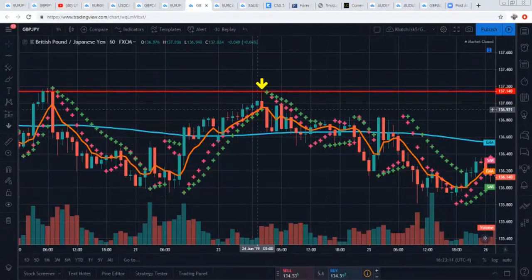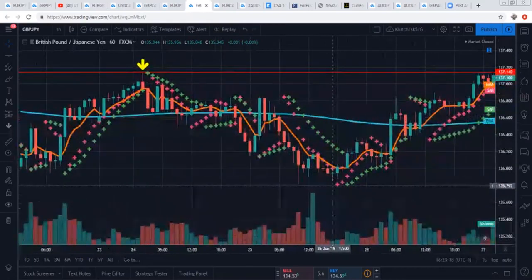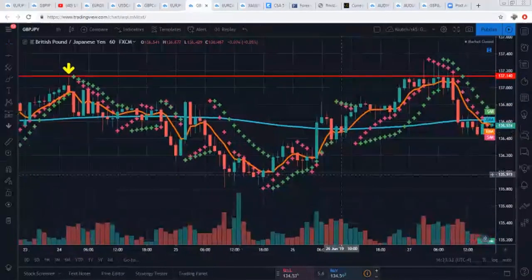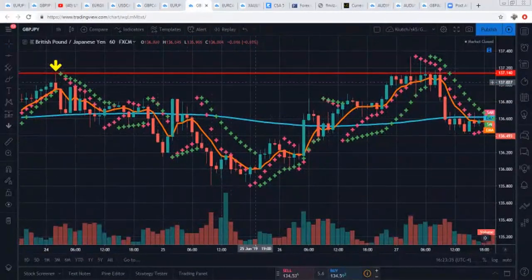The reason it went for more pips is because the orange line crossed the 50 line to the downside. It came back up, but it still continued down further. Y'all see that? And here it came up again to the same line, 137.140. It came up and activated the trade on this candle.